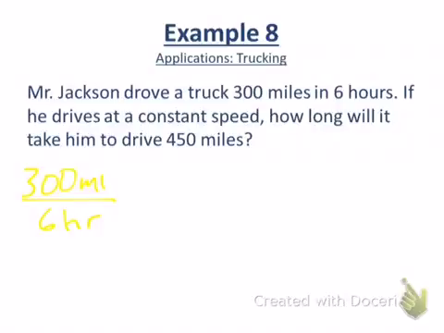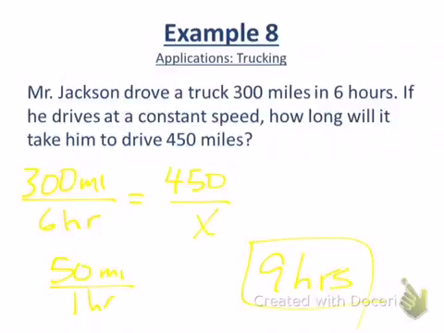You could do 300 per 6 equals 450 per X if you wanted to. But you could also find the unit rate. 300 miles per 6 hours is 50 miles per 1 hour. And 50 goes into 450 9 hours is what we're looking at there.